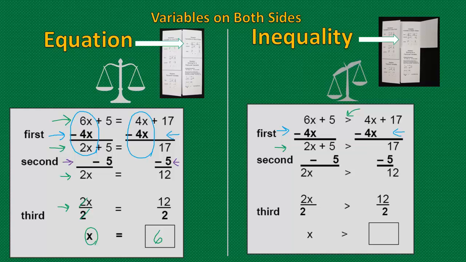And we will subtract the 5 on both sides. We'll have 2x is greater than 12. We will divide by 2 again, leaving us with x being greater than 6.